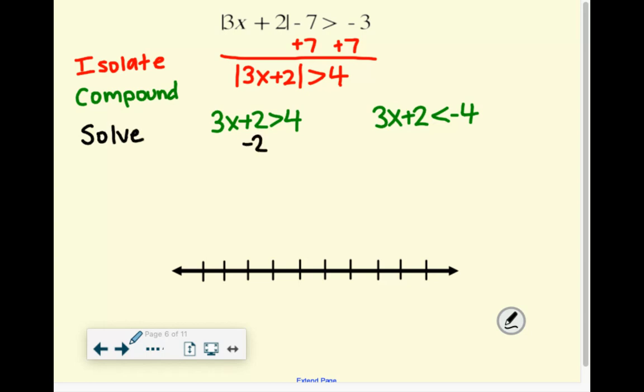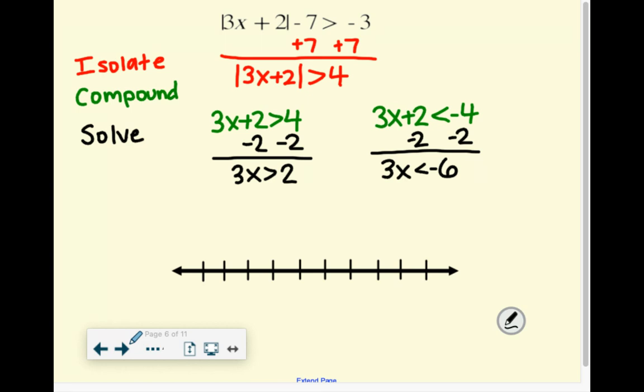Minus the 2 from both sides. 3x is greater than 4 minus 2, 2. Minus the 2 from both sides on the other inequality as well. Negative 4 minus 2 is negative 6. And then we're going to divide by 3. And I know somebody's probably wondering this: are these always going to use the same steps?